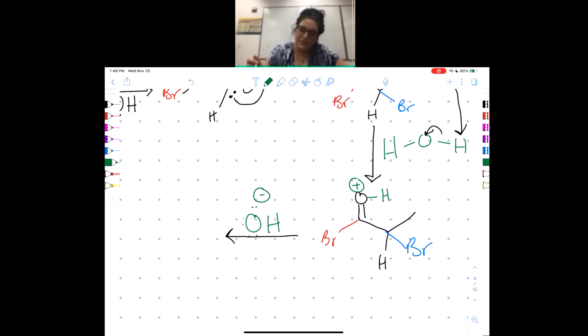Perfect. So if the oxygen is going to attack, we know that we could do the long version of the reaction, but what would the short version be? Essentially, the nucleophile will attack, and what will happen to the bromine?